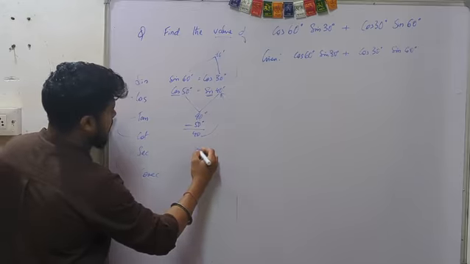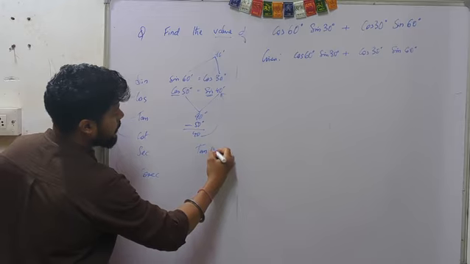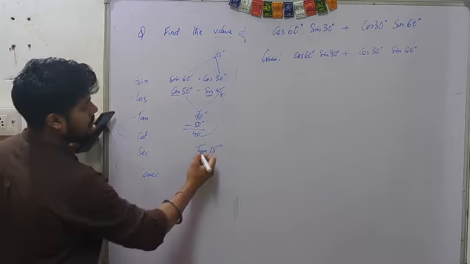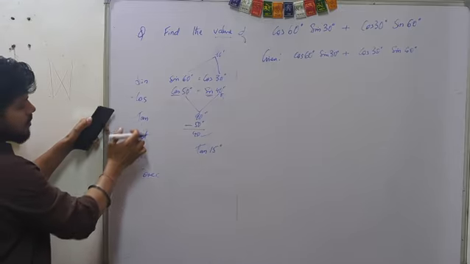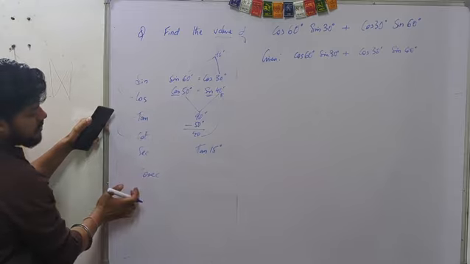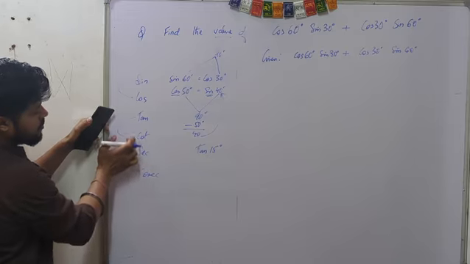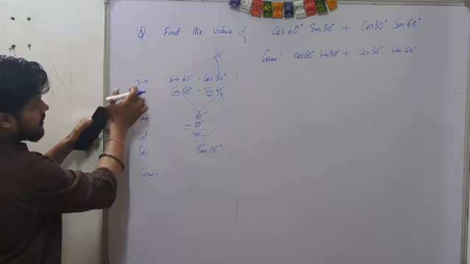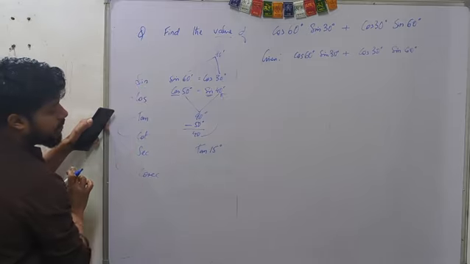Say for example I have tan 15 degree, and I need its complementary value in terms of cot. Remember the sequence: sine, cos, tan, cot, sec, cosec. Tan is complementary to cot, cot is complementary to tan, cos and sine are complementary, sec and cosec are complementary.